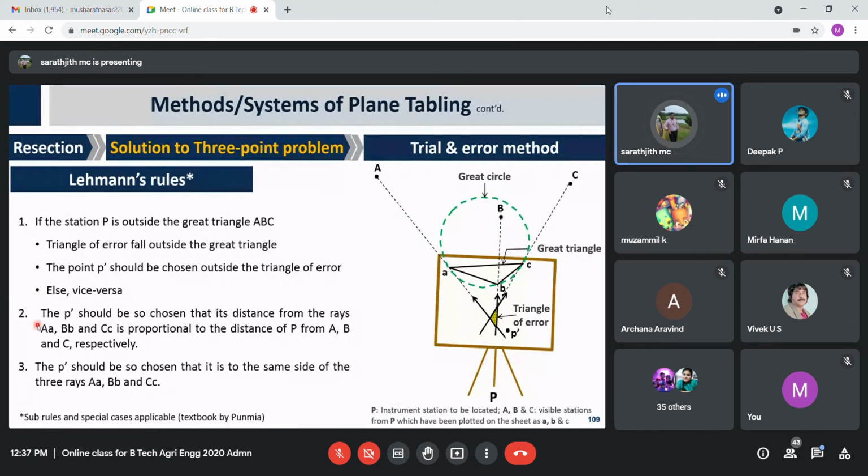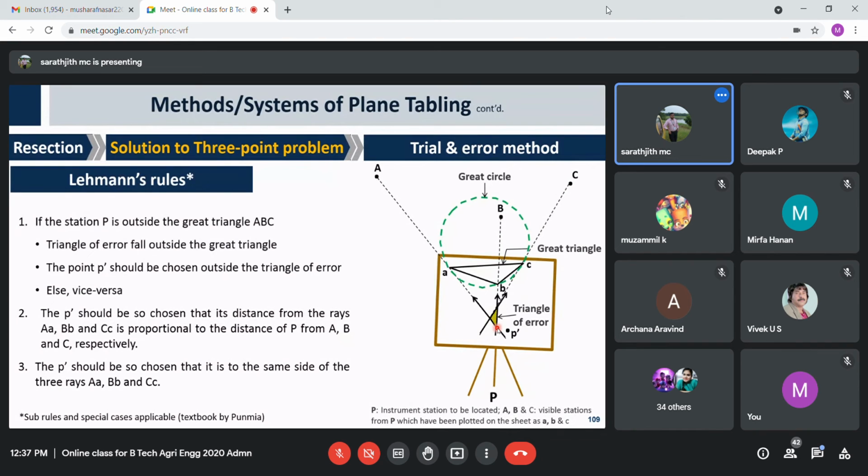And the second point is the arbitrary point P dash should be so chosen that the distances from the rays, this ray and this ray, all these rays, should be proportional.